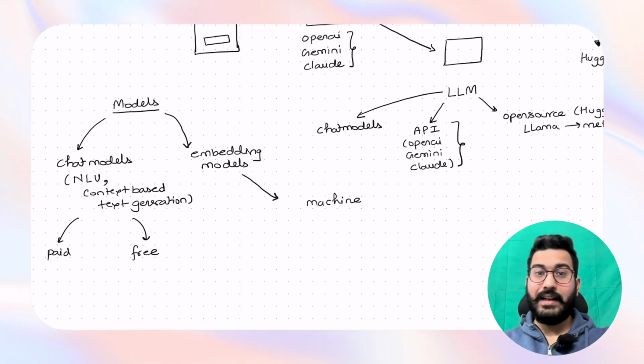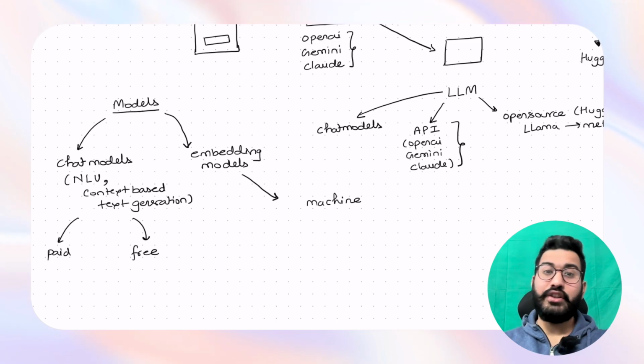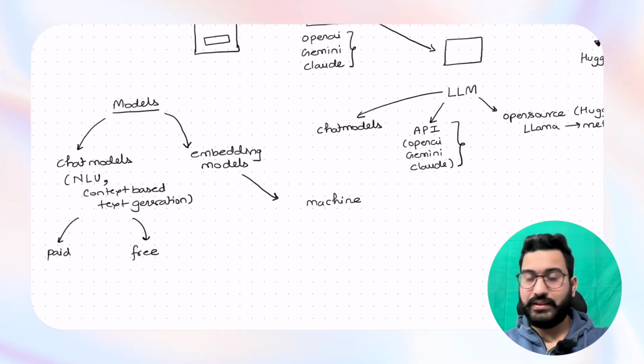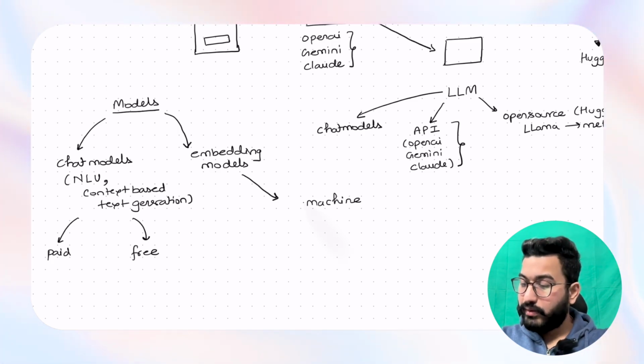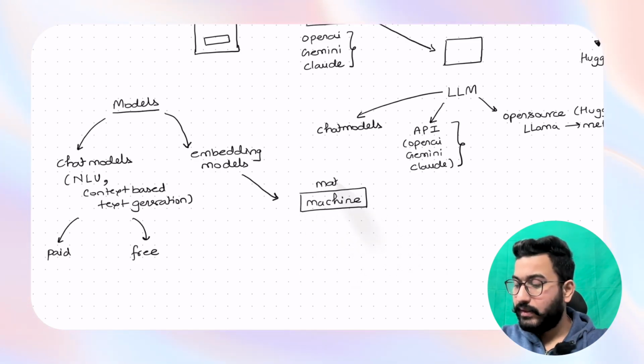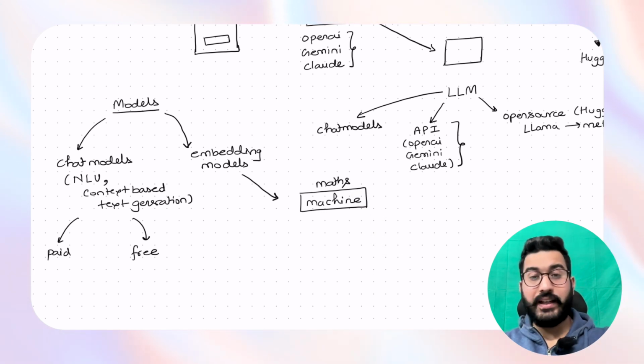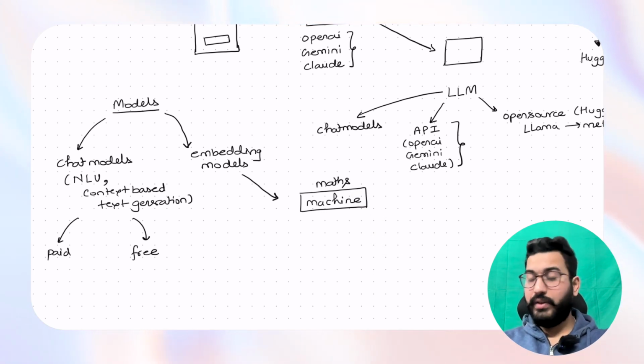All they can understand is the numerical representation of these words and characters. These machines are based on maths and are limited to the understanding of numbers.